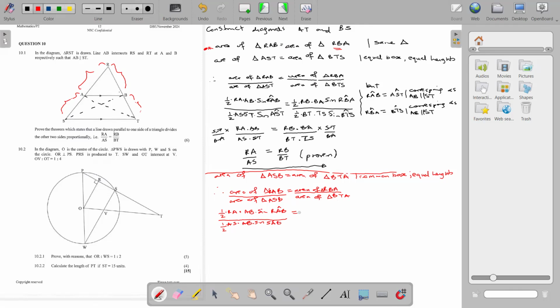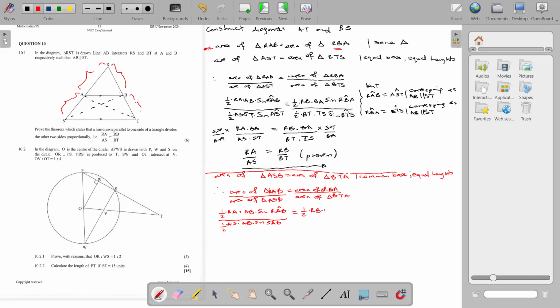Which is equal to half area. Then the side is RB.